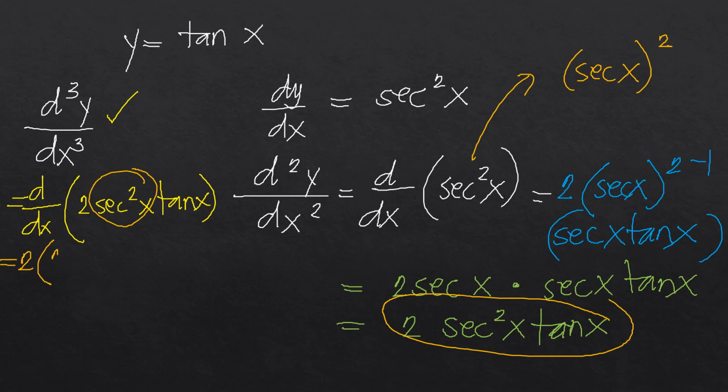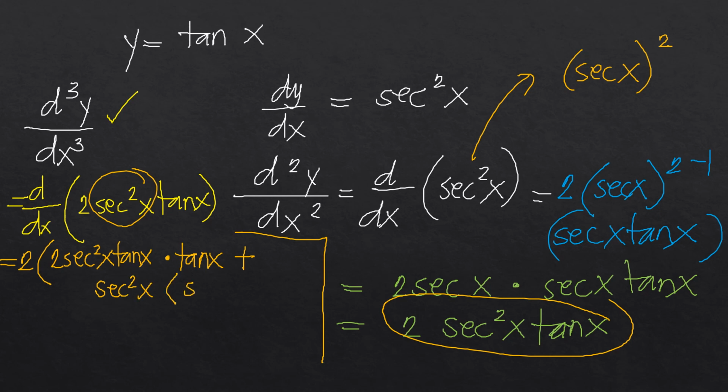Okay, so you have 2 secant squared x tangent x times the second factor tangent x plus the derivative of the second factor is secant squared x times the first factor secant squared x.